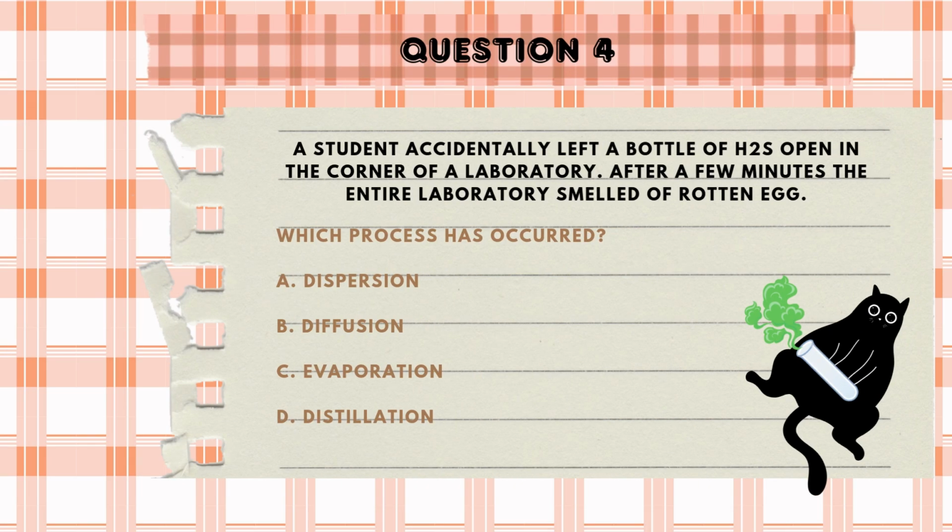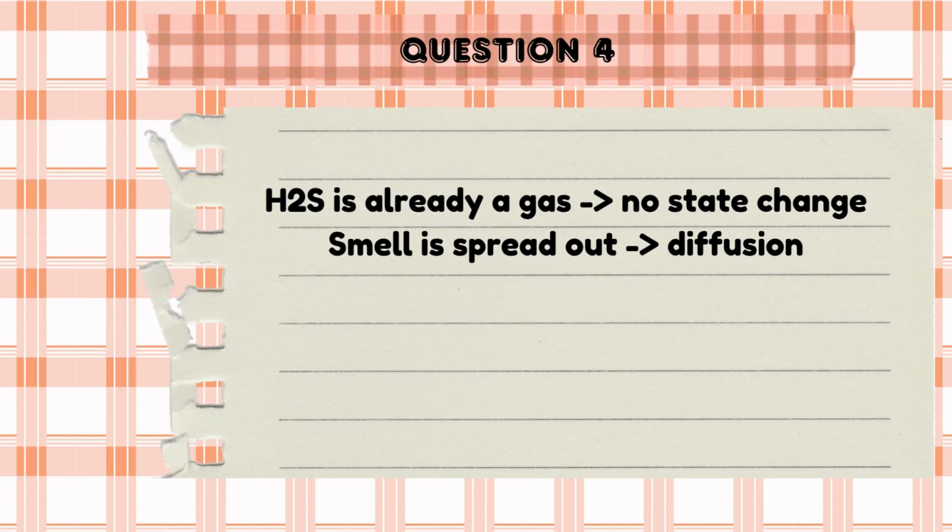A student accidentally left a bottle of hydrogen sulfide open in the corner of a laboratory. After a few minutes, the entire lab smelled of rotten egg. Which process has occurred? Since hydrogen sulfide is already a gas, no state change is observed.